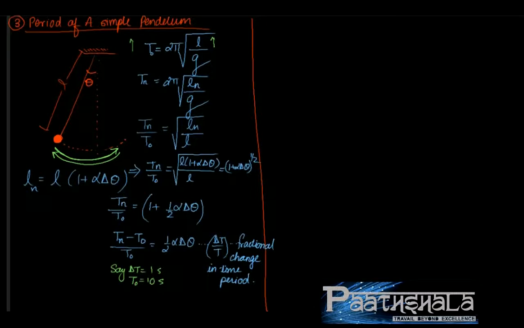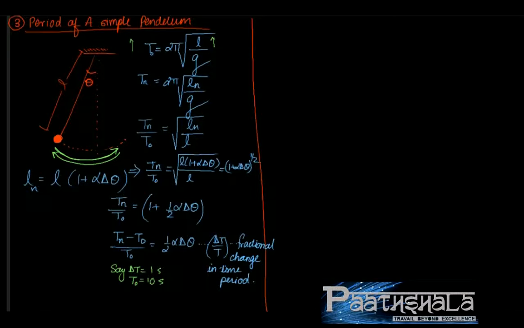Correct? So error is 100 seconds. So after 100 oscillations, the pendulum is telling us a wrong calculation of time by 100 seconds. Got it?